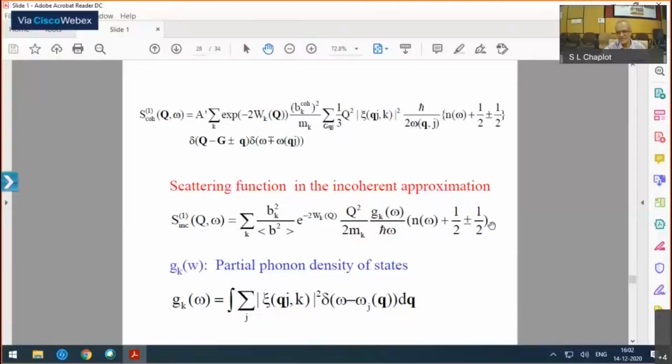So once this data is there, it is possible to extract information about the density of states. You can see that we do not get the true phonon density of states, but you get a weighted phonon density of states, weighted by certain terms here. This, of course, can be corrected very easily, so this is not an issue.